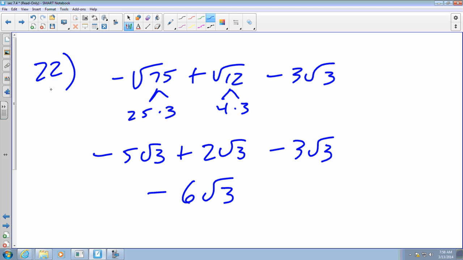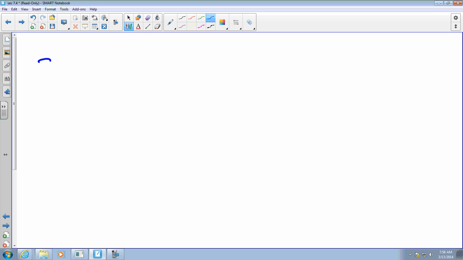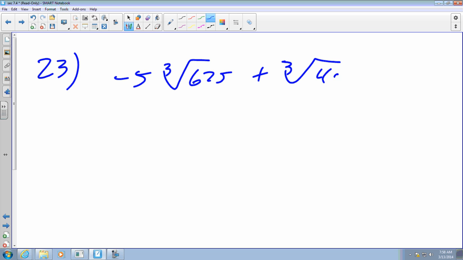After 22, let's do 23. Negative 5 cube roots of 625 plus the cube root of 40. Cube root column, I see that 125 times 5 is in the cube root column.